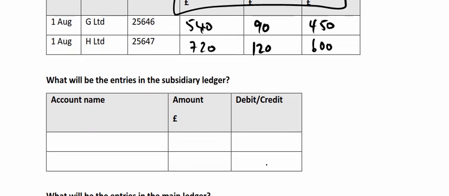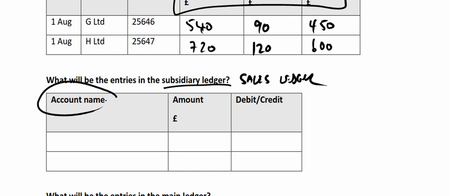We're then asked what the entries in the subsidiary ledger are. Now, the subsidiary ledger, or sometimes described as the memorandum ledger, is the sales ledger. Remember the list of individual customer balances, what each credit customer owes us. Since it's the individual balances in the subsidiary ledger, the account name will literally be the names of the individual customers.